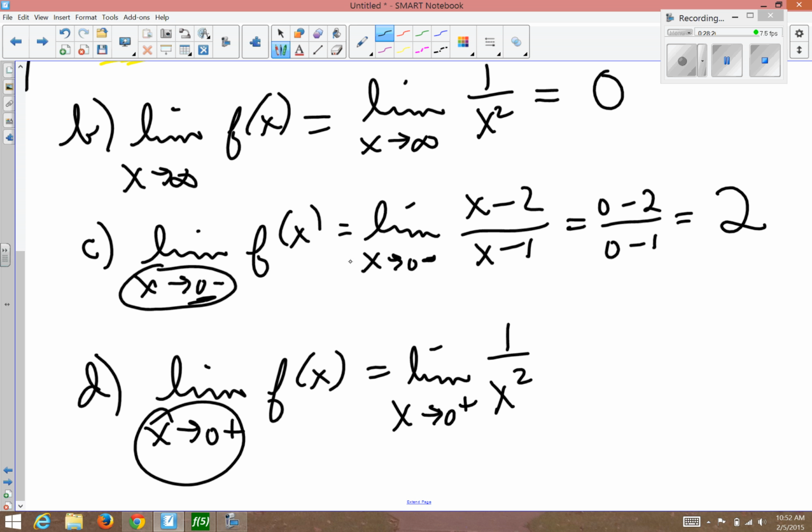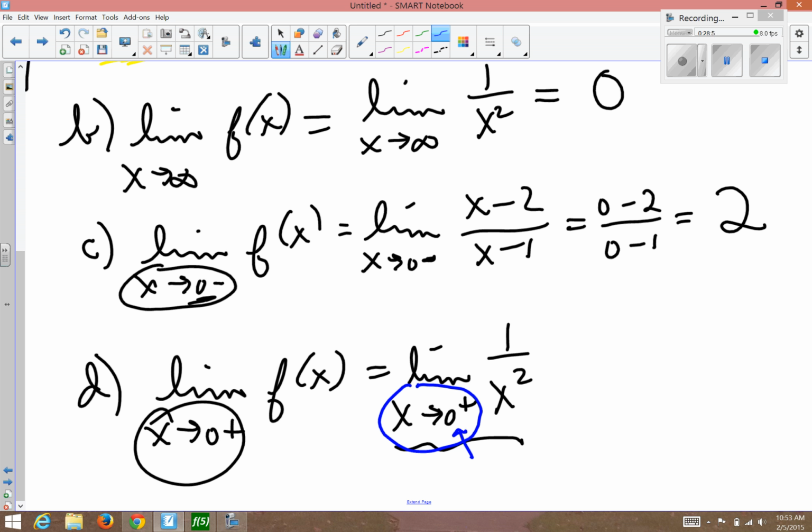In part C, I said you can just plug in 0 because negative 2 divided by negative 1 is positive 2. Here, if you try plugging in 0, you would get something we call undefined. So that's why in part D you have to plug in numbers close to 0 and on the right side.